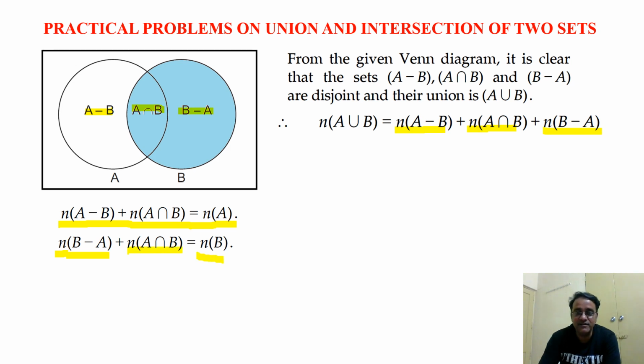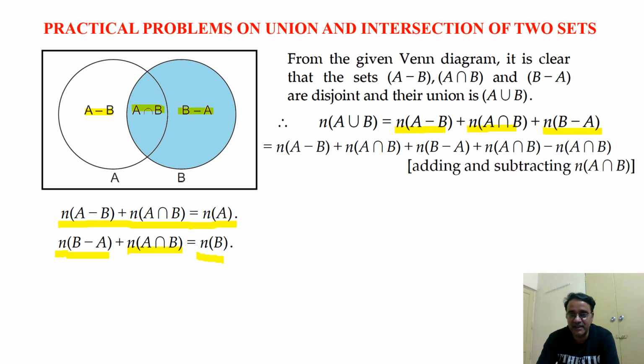Now coming to n of A union B, what we are going to do is subtract and add n of A intersection B. Here I have added and subtracted this one, n of A intersection B. Now we are making the pair.